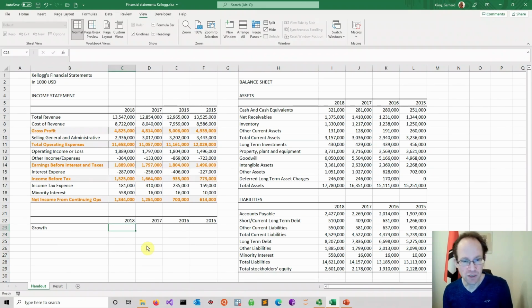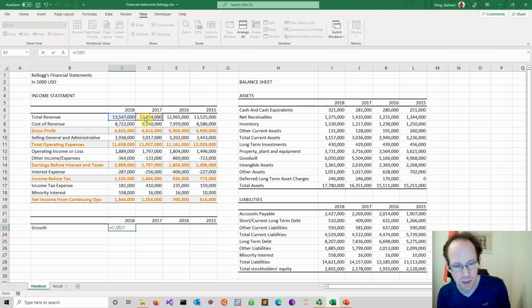So in this particular case, if we look at the growth rate, and if we attribute this to 2018, what we can do is go to 2018 and divide by what is happening before, and then it depends how we want to display things.